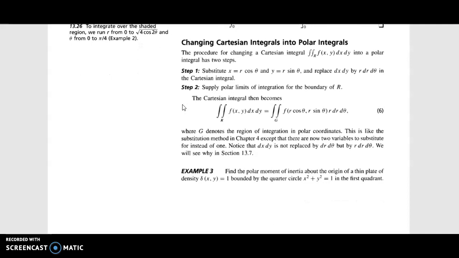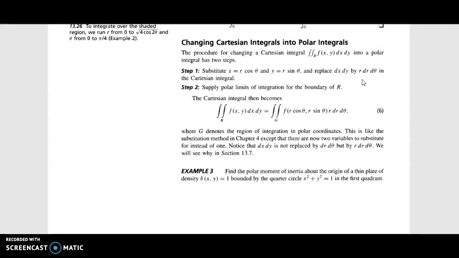Changing the Cartesian integral into a polar integral, how to change the Cartesian integral into a polar integral, that is what we are going to deal with. Step 1: substitute x equal to r cos theta, y equal to r sin theta.